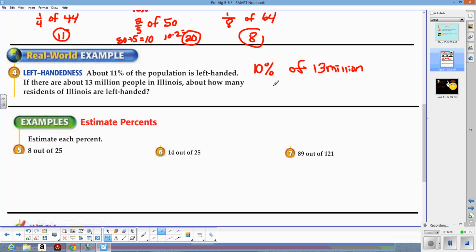So 1/10 of 13 is about 1.3 million. Well, actually, 1/10 of 13 is 1.3 million, but that's an estimate for this problem because really it was 11%. So about 1.3 million residents.